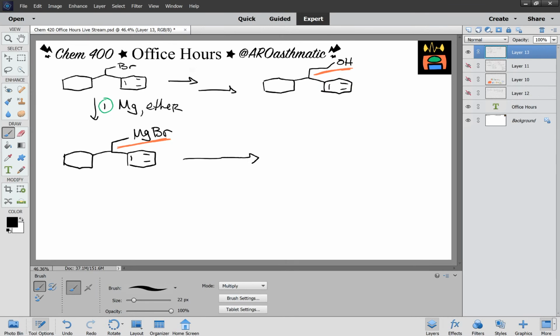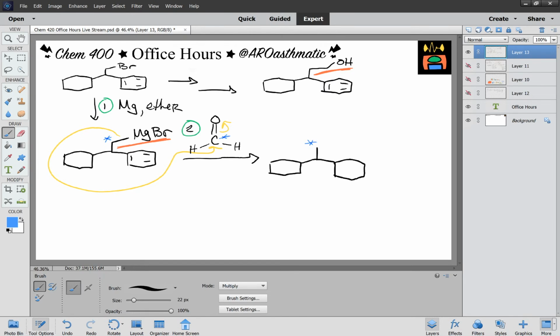So I want to have a C double bond O, and I only want there to be one carbon, which means that formaldehyde is actually the best choice, because when you think about this mechanistically, once this Grignard attacks that carbon, we're going to make a new bond between this carbon and this carbon, right?